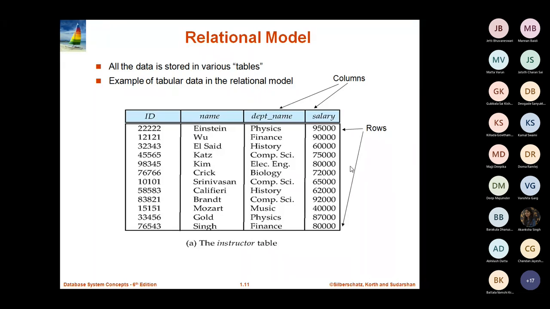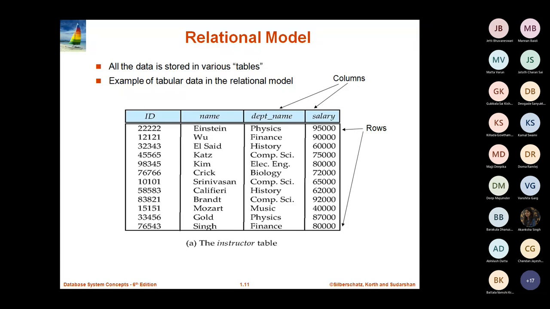But can someone say why it is also called the relational model? Let me clarify the question a little bit. A table is also called a relation. You see that example of tabular data in the relational model. The terms table and relation are used interchangeably. So why is it called a relation?